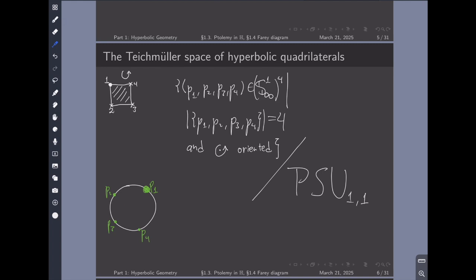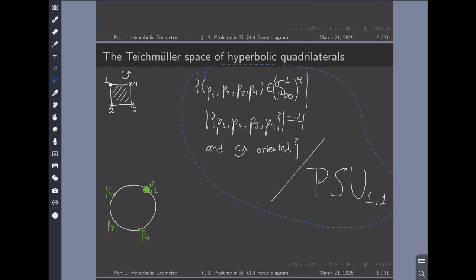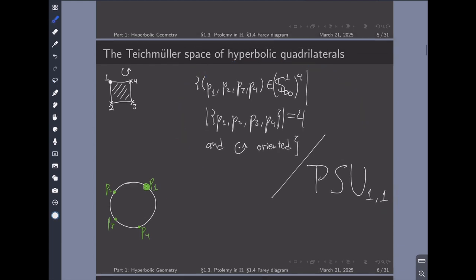Okay, and then we called this set, or let's say space, I can at least say it is a space, at least it has some topology coming from somewhere, and we called this the Teichmüller space of the square.